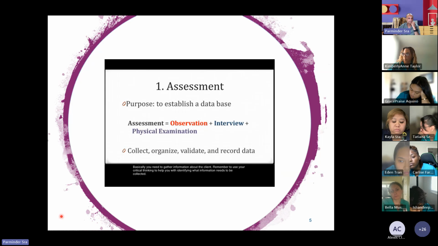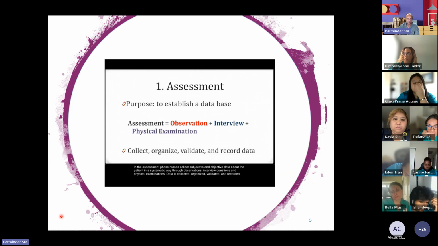Remember to use your critical thinking to help you identify what information needs to be collected. In the assessment phase, nurses collect subjective and objective data about the patient in a systematic way through observations, interview questions, and physical examinations. Data is collected, organized, validated, and recorded.